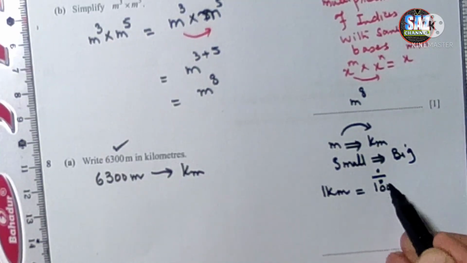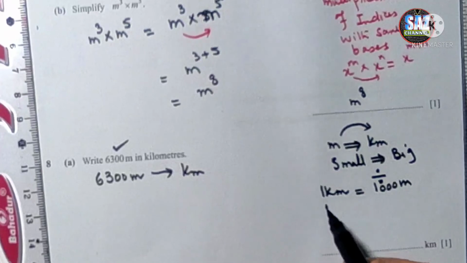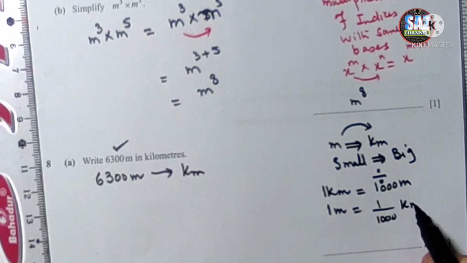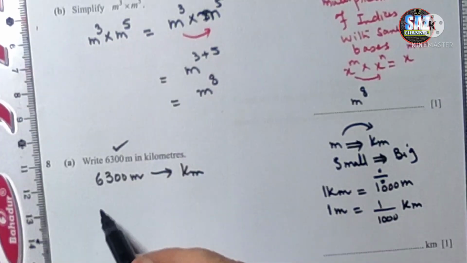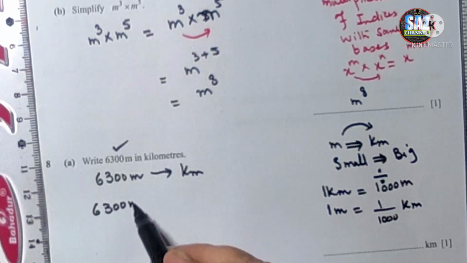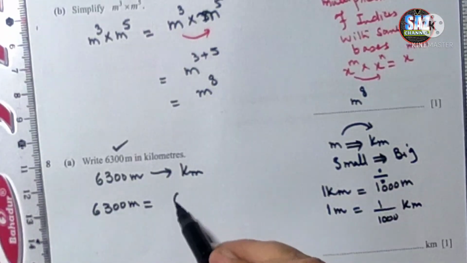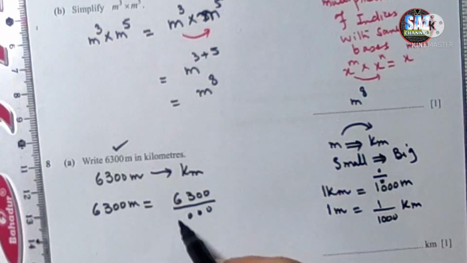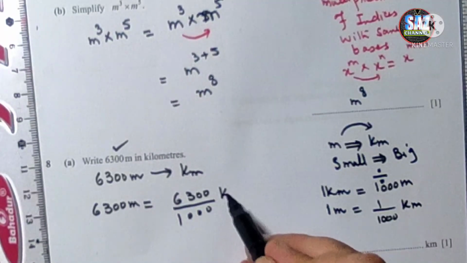That is 1,000 meters, and 1 meter equals 1 over 1,000 kilometers. So 6,300 meters will be equal to 6,300 divided by 1,000 kilometers.